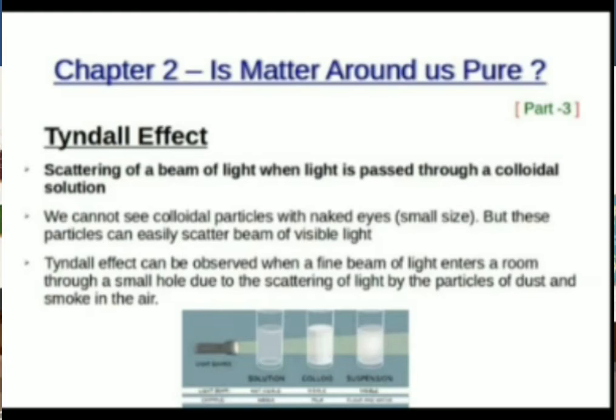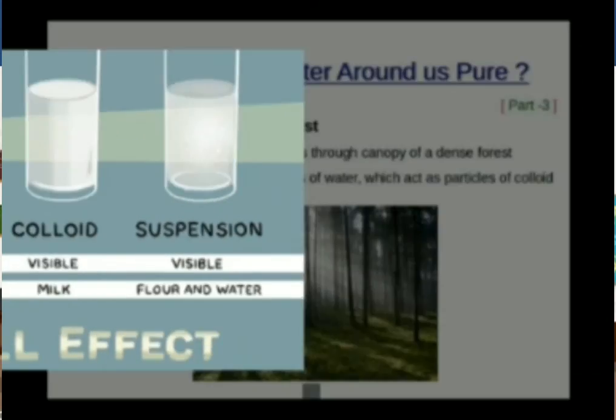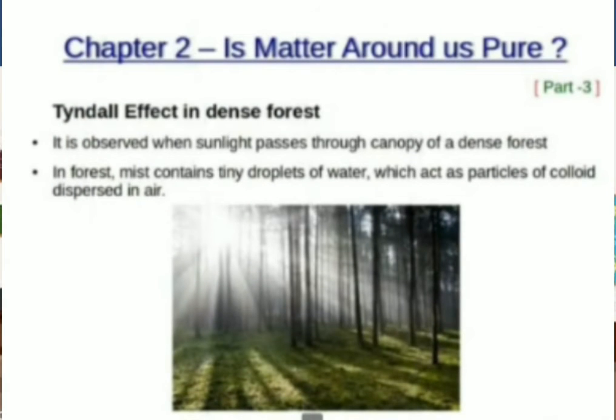Tyndall effect can be observed when a fine beam of light enters a room through a small hole, due to scattering of light by the particles of dust and smoke in air. At that time, we can see the Tyndall effect. And we can observe the Tyndall effect in a dense forest.